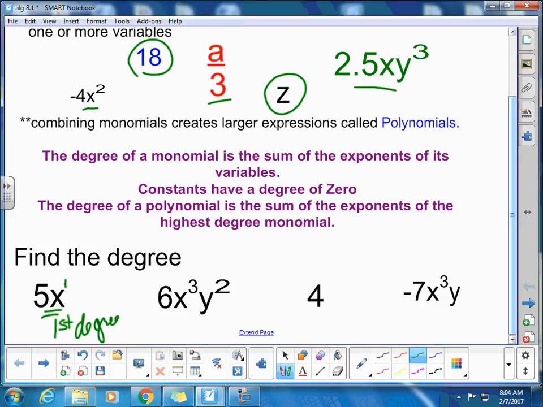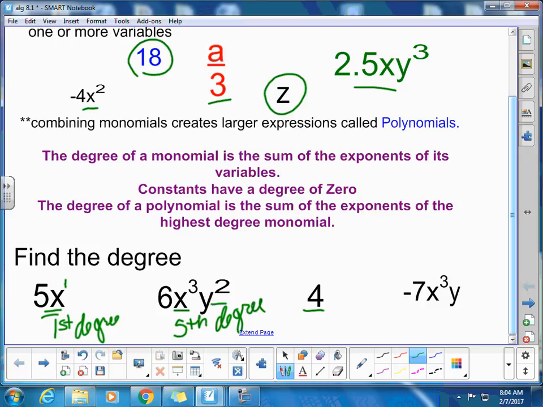And here we have a monomial with a couple of different exponents. So it says the degree of the monomial is the sum of the exponents of its variables. So we would add 3 plus 2. So this would be a 5th degree monomial. Here, this is just 4.